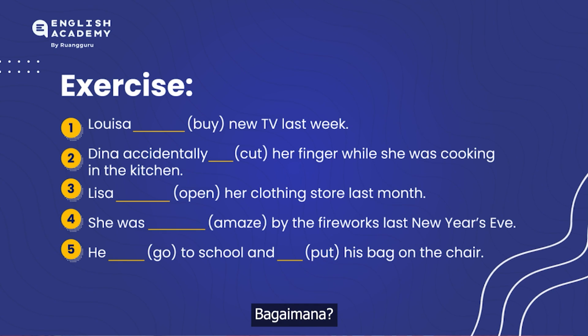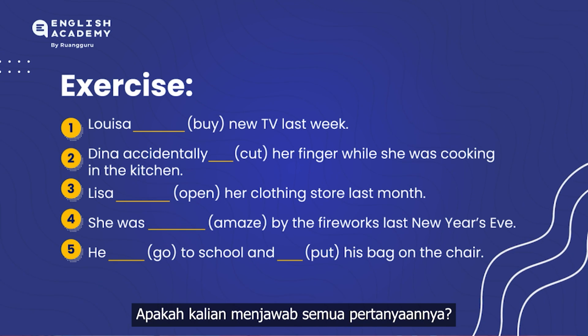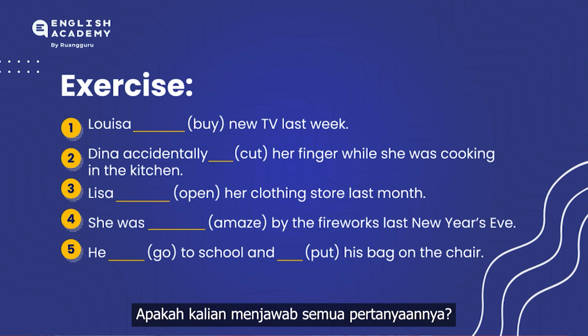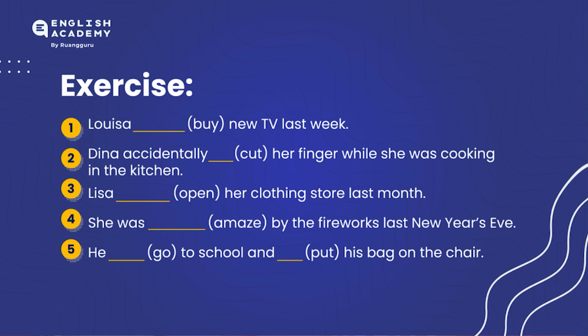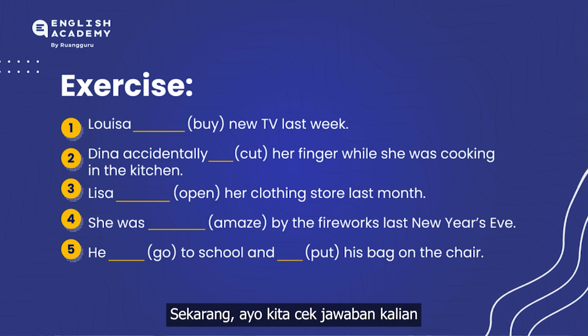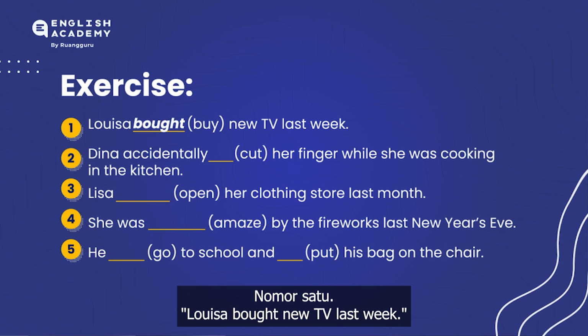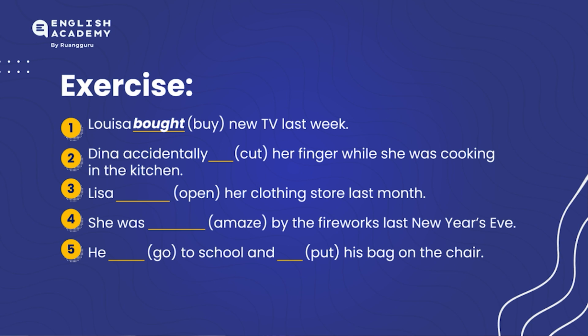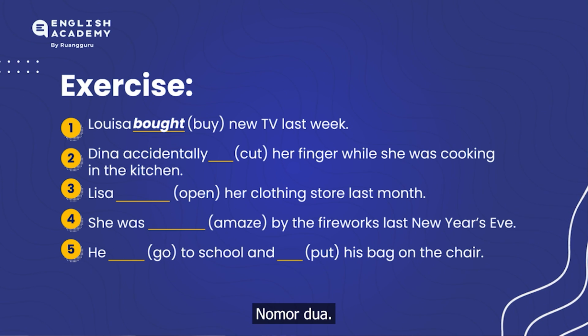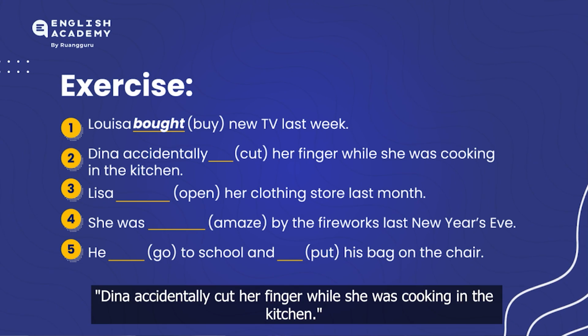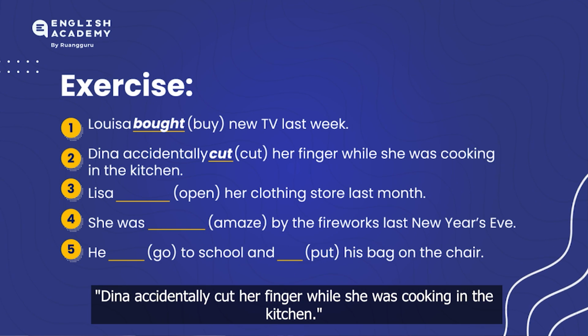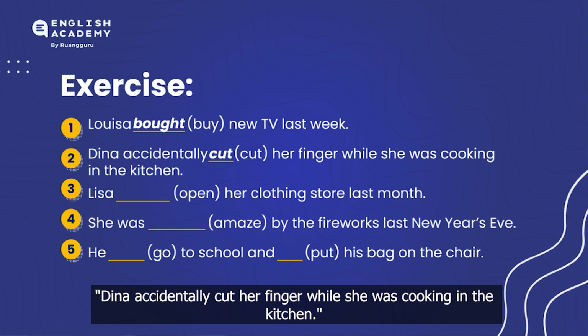How was it? Did you answer all the questions? Now let's check your answers. Number 1, Louisa bought a new TV last week. Number 2, Dina accidentally cut her finger while she was cooking in the kitchen.